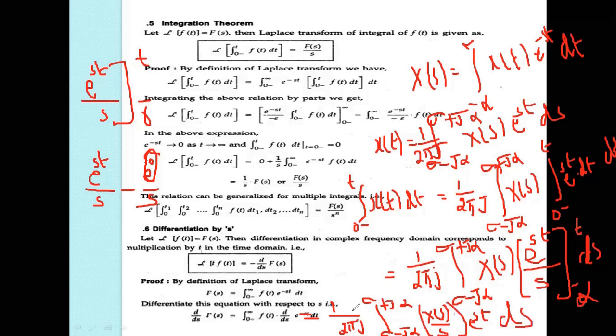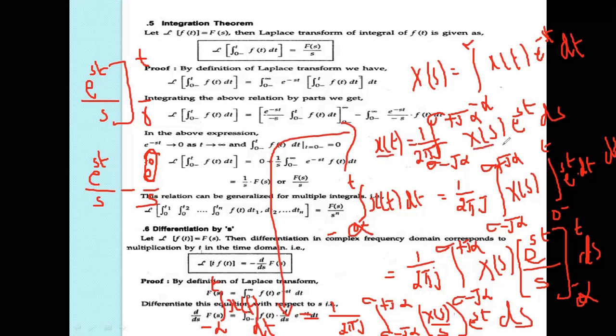Now I can compare these two equations. The integral from minus infinity to t of x(t) dt. What is the relation here?